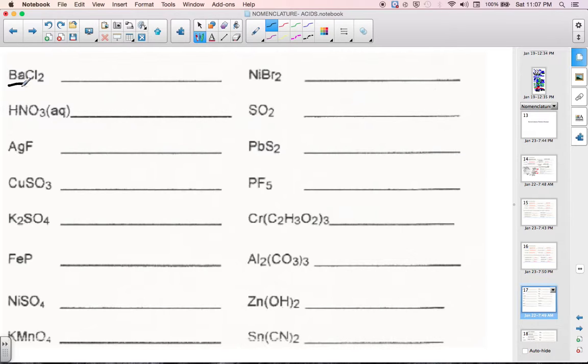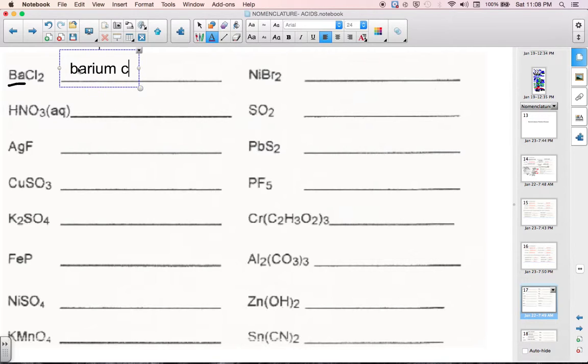If you look at the periodic table, barium is in group 2. When it's in either group 1 or group 2, I do not use a Roman numeral. This is just going to be called barium chloride. Okay.